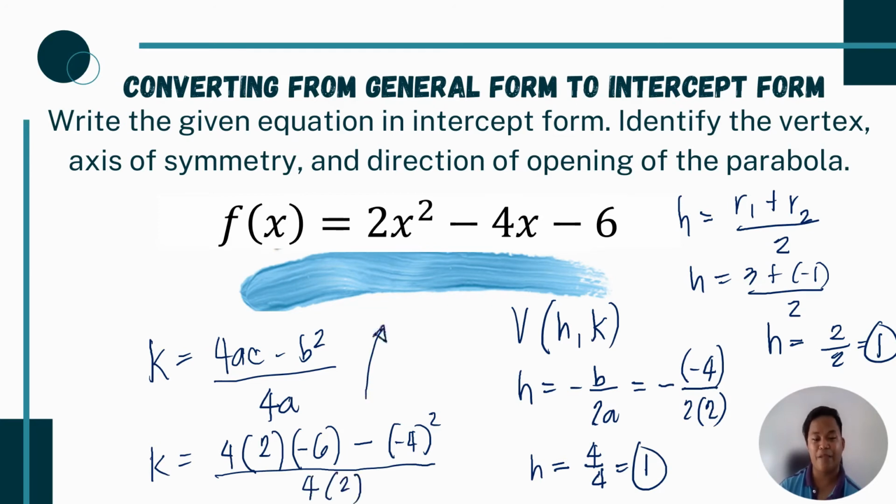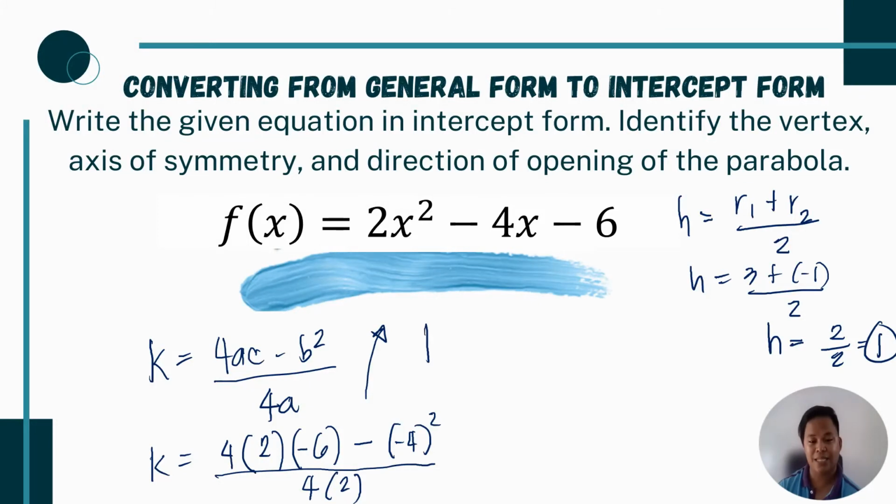Then, simplify po. We have k is equal to 4 times 2 times negative 6, negative 48, minus the quantity of negative 4 squared is equal to 16, since negative 4 times negative 4 is 16. All over 4 times 2 is equal to 8.